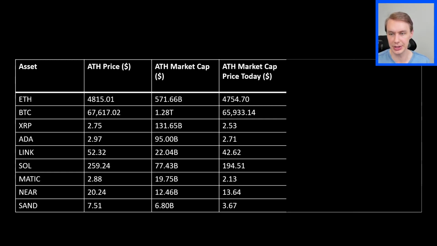What you'll notice, and this is across the board, is that the price is lower than the all-time high price. If Link suddenly shot up to a market cap of $22.4 billion today, its price would actually be lower than its all-time high price back in spring of 2021.